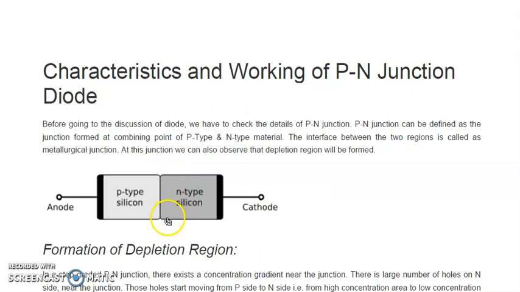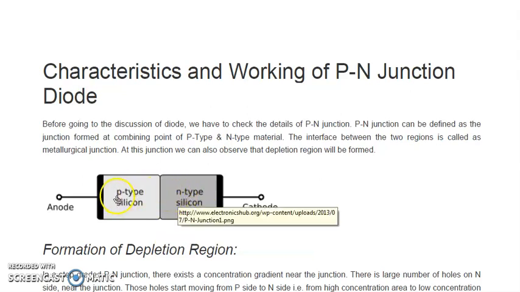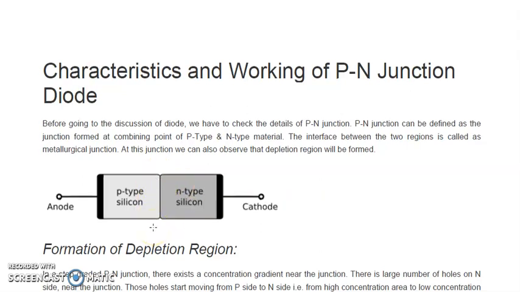So beyond a certain point, no more electrons go across and no more holes come to this side. This region is known as your depletion region.